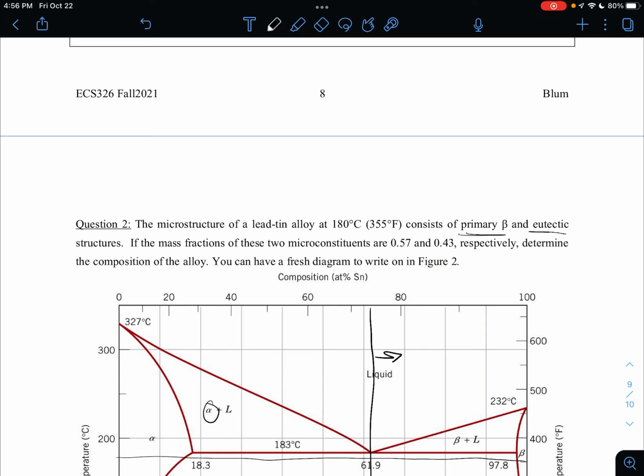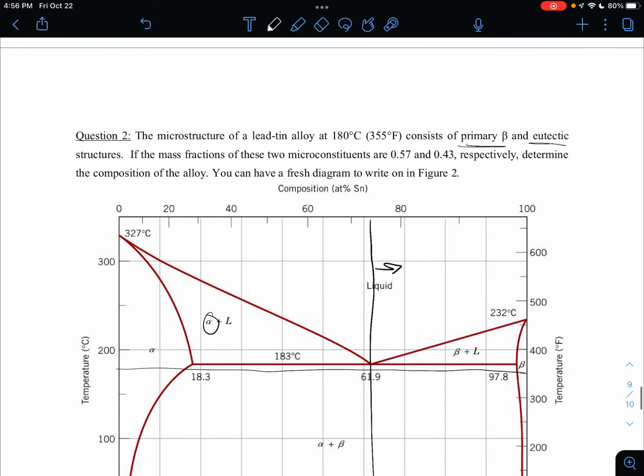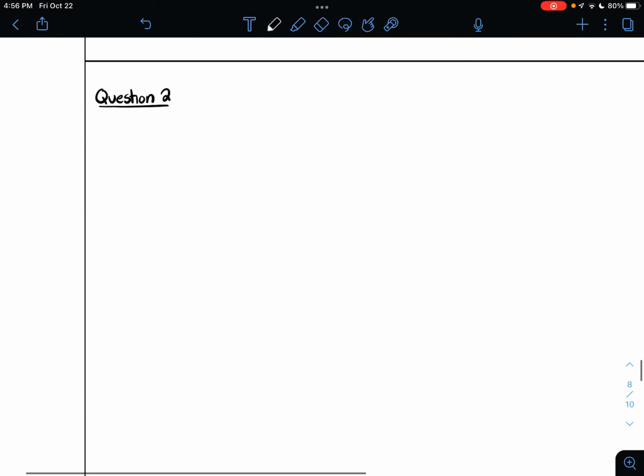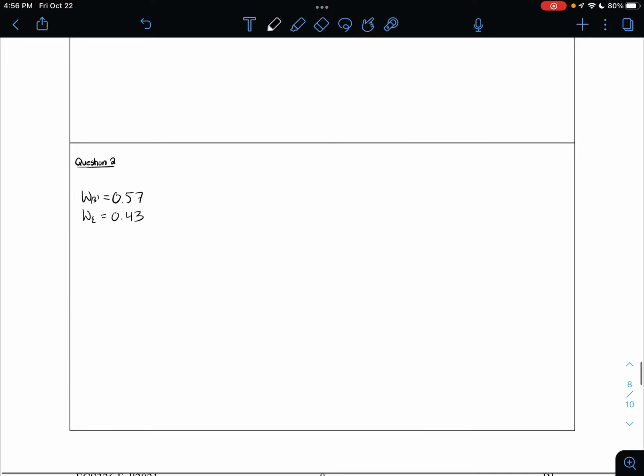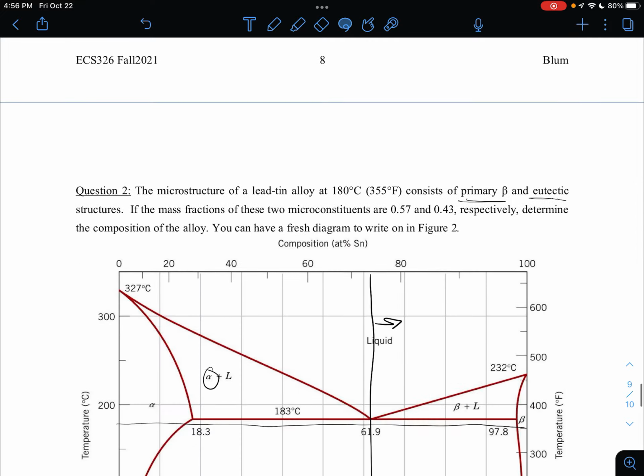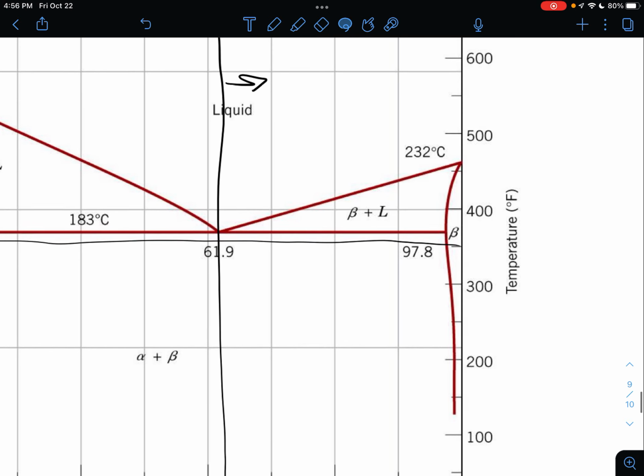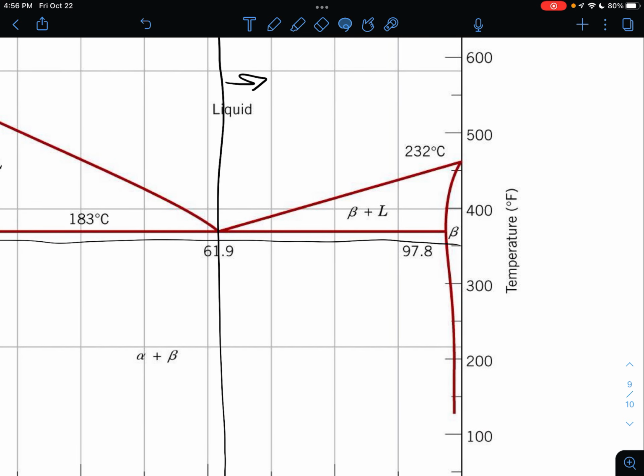So for this one, we want our weight composition of beta primary to be 0.57 and our eutectic to be 0.43. I'm just going to focus on our primary beta for right now because I think that's easier, or at least it was for my brain, the way my brain thinks.